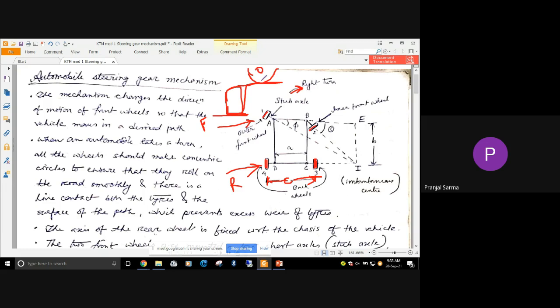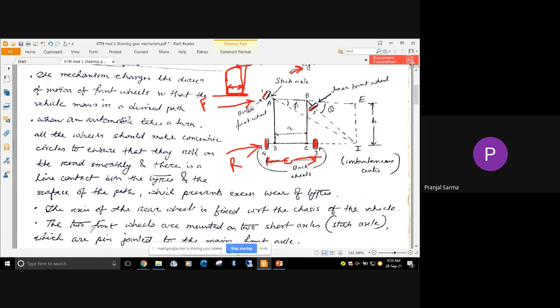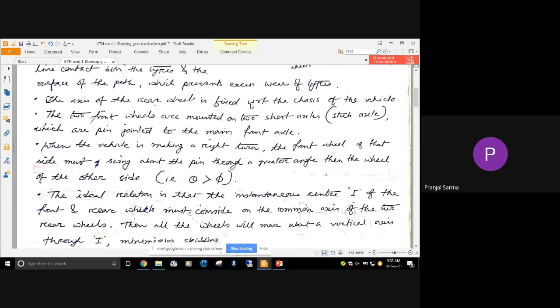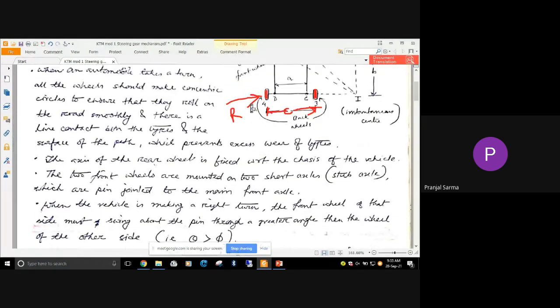Then throughout the width of this wheel we have contact. That means it is line contact, and if it is line contact rather than surface contact, it is going to prevent excess wheel wear. So the life or longevity of the wheel will also be better.